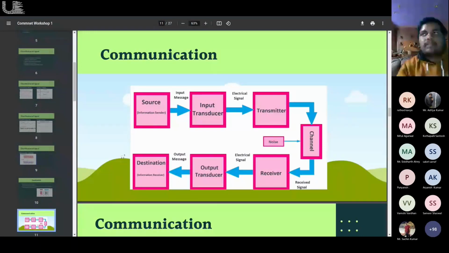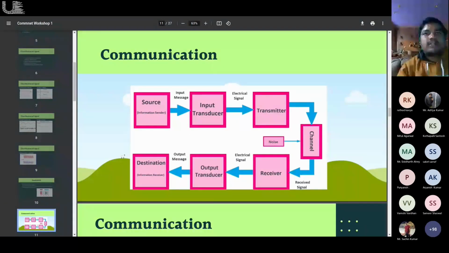It converts the disturbance or the voice into electrical signals. Yes, you are right. A transducer is a device which can convert one form of signal into another form of signal.